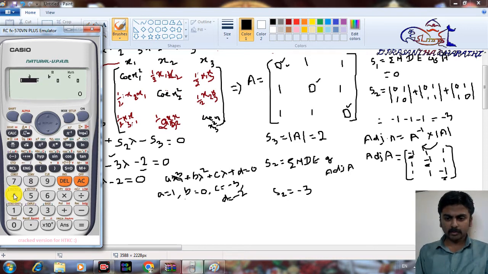So a equal to 1, then b equal to 0, c equal to -3, and d equal to -2.